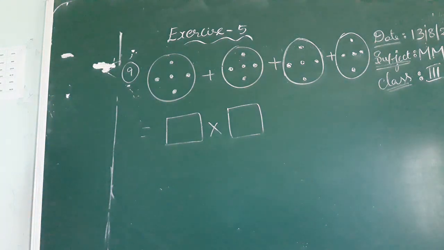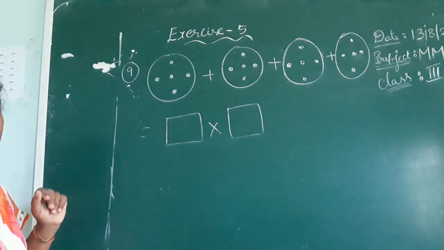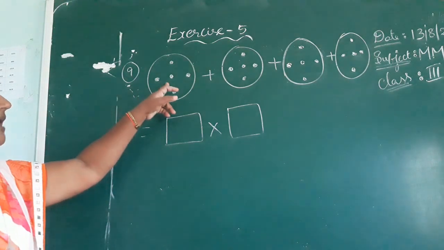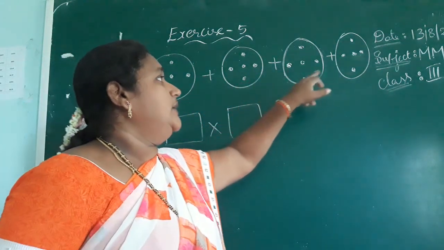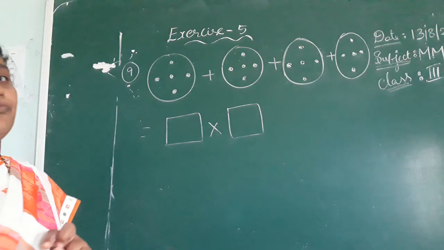This is the question. So first we have to check what was given. How many circles were given? First count. 1, 2, 3, 4 circles.